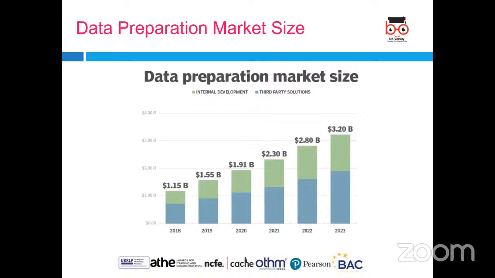And this is a simple image which shows during the year how data preparation has improved the annual revenues of businesses, where we have gone up to $3.20 billion, which is expected to come in 2023.